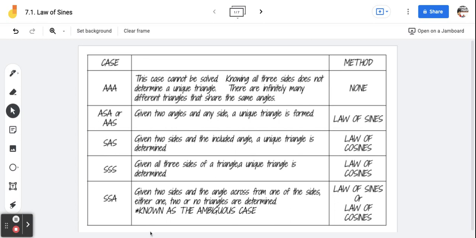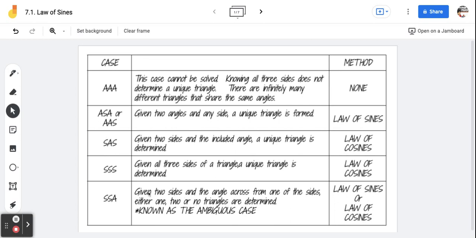And it kind of leads into this, which is if you have two sides and an angle, it's possible that there's no triangle that contains those parts. It's possible that there could be two triangles that contain those parts.